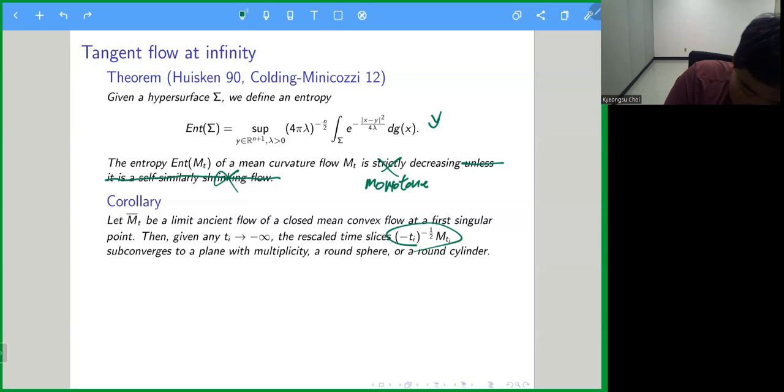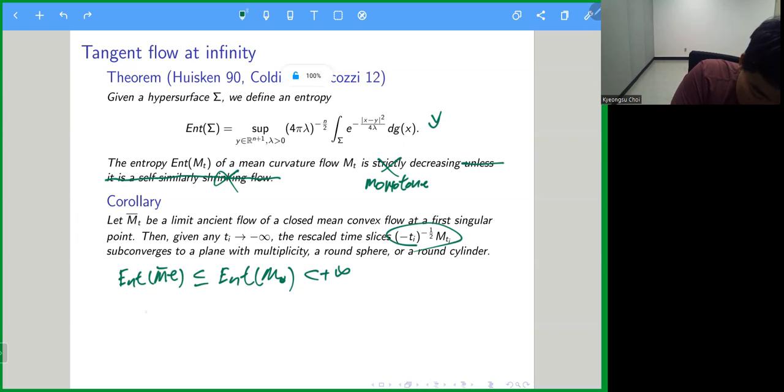Why? Because if this is a mean convex ancient flow, then by the definition of blowdown, it has a uniform upper bound, obtained by the entropy of the initial data of the original flow. So this has a certain fixed bound, but this entropy decreases monotonically.